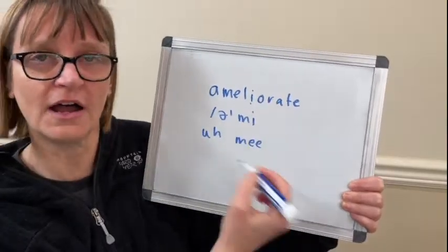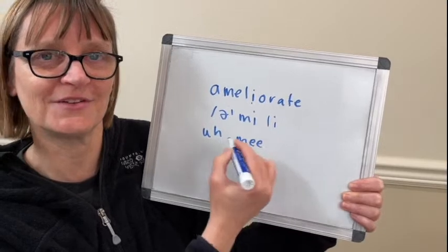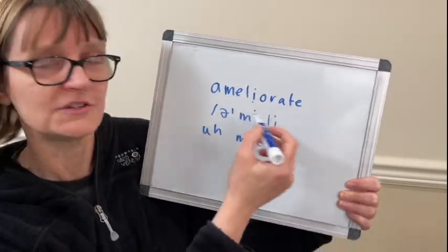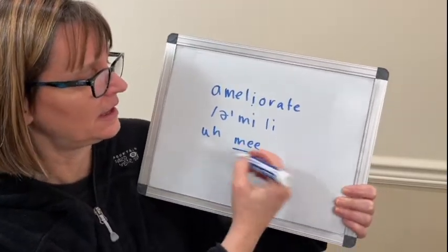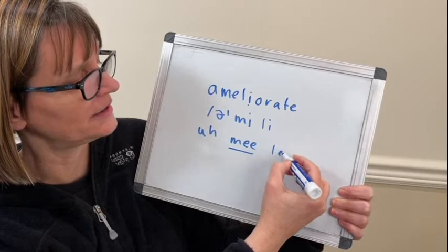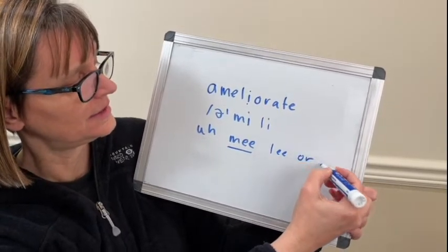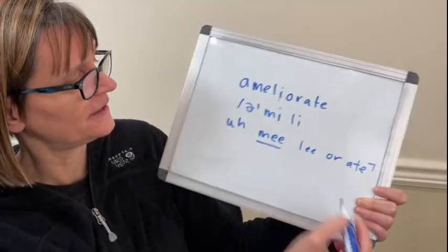Again, here's our I also doing an E sound, not stressed, but still the same sound as in the me, ameliorate, but it's going to go by much quicker. So stretching on me, and then shorter on meliorate. And then we'll do a stopped T there at the end.